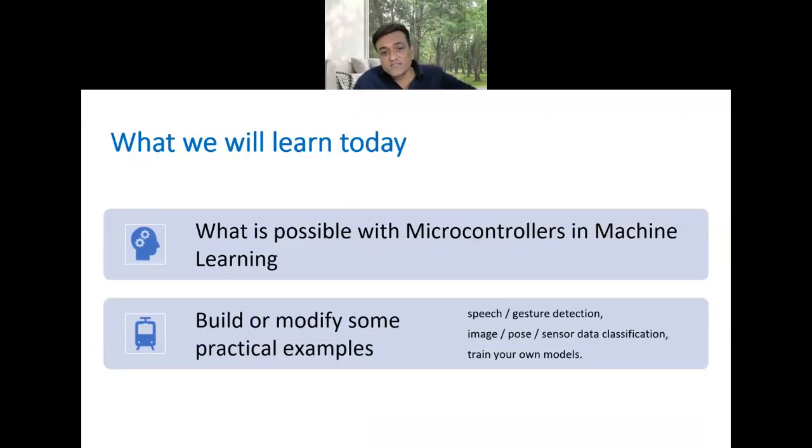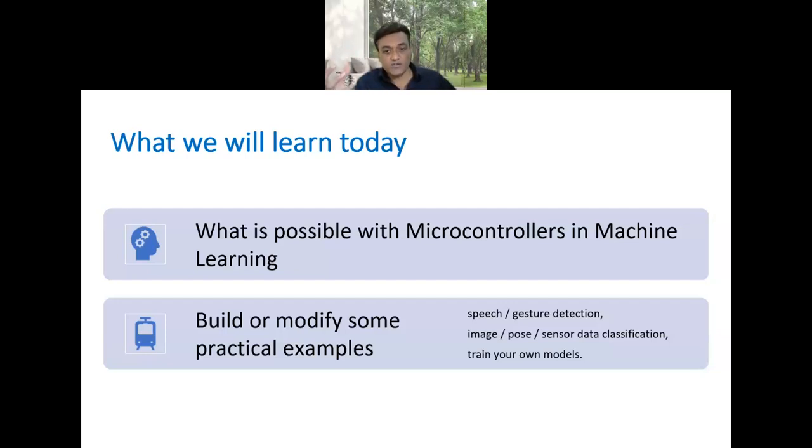So what we are going to discuss today is what is possible with microcontrollers in machine learning. Nowadays, if you want to make a deep learning application, we use a computer, the camera of the computer, video, photographs, and the processing power of the computer to create any application. But when we are talking about tiny machine learning applications, we have a microcontroller.